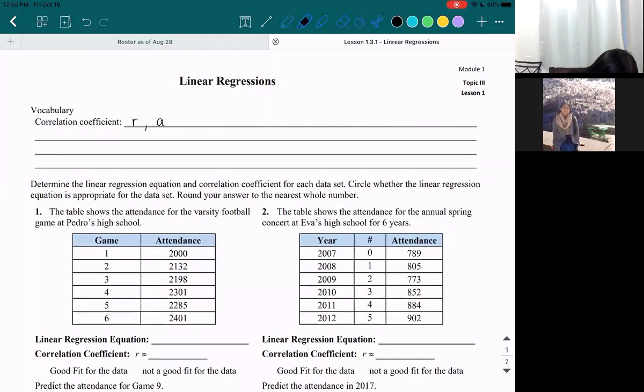It is a number between -1 and +1 calculated to determine the linear dependence of a set of data.